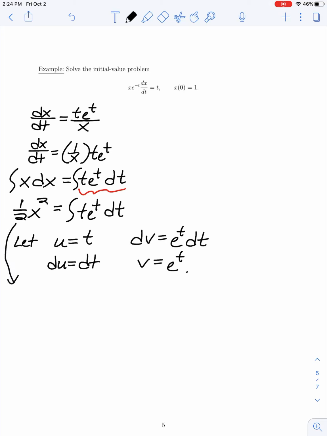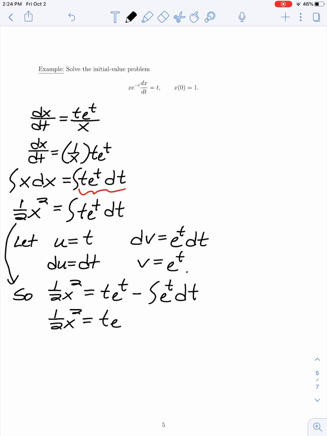So rewriting our equation, we would have 1/2 x squared is equal to u times v, which is t e to the t, minus the integral of v du, which would be e to the t dt. So evaluating this new integral, we have 1/2 x squared is equal to t e to the t minus e to the t. And at this stage, once I've evaluated all of my integrals, I can include the constant of integration c.